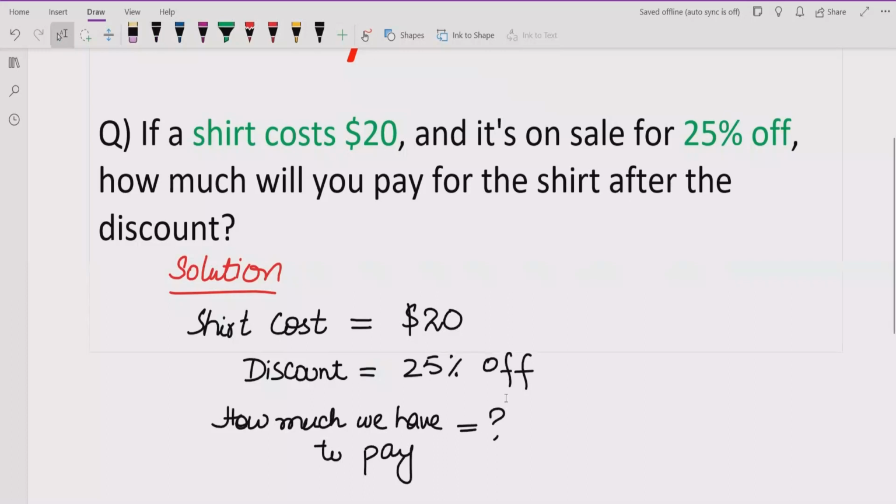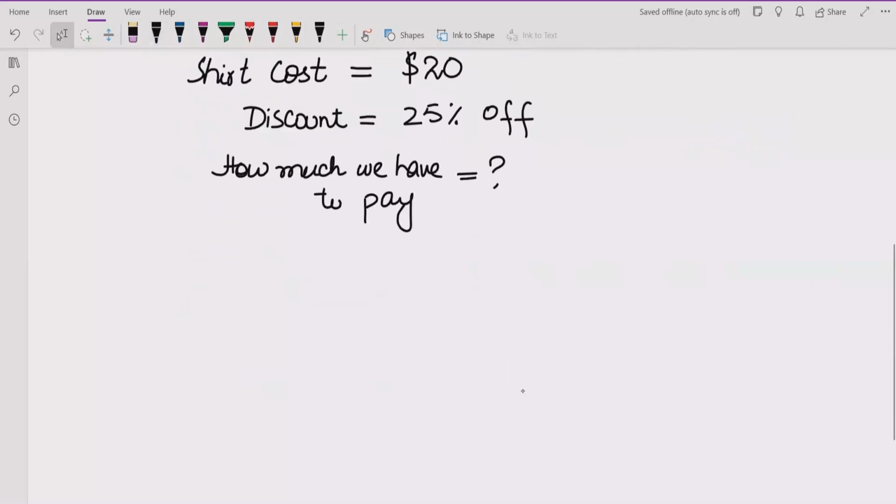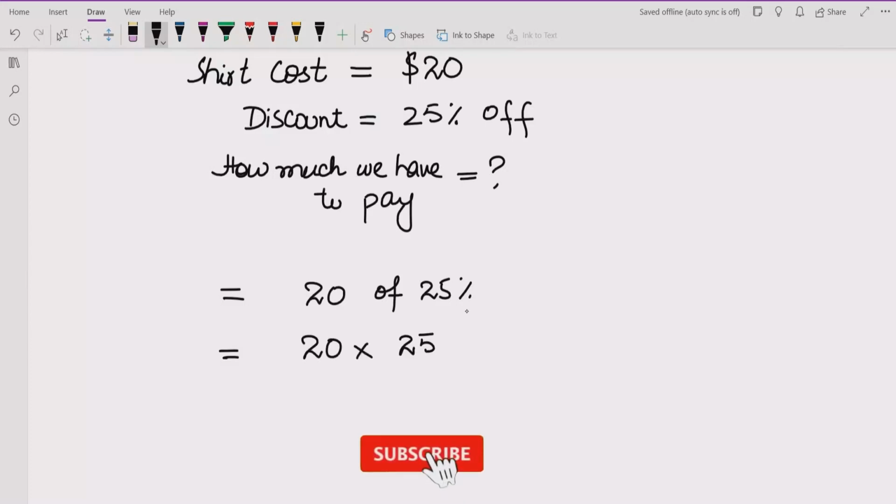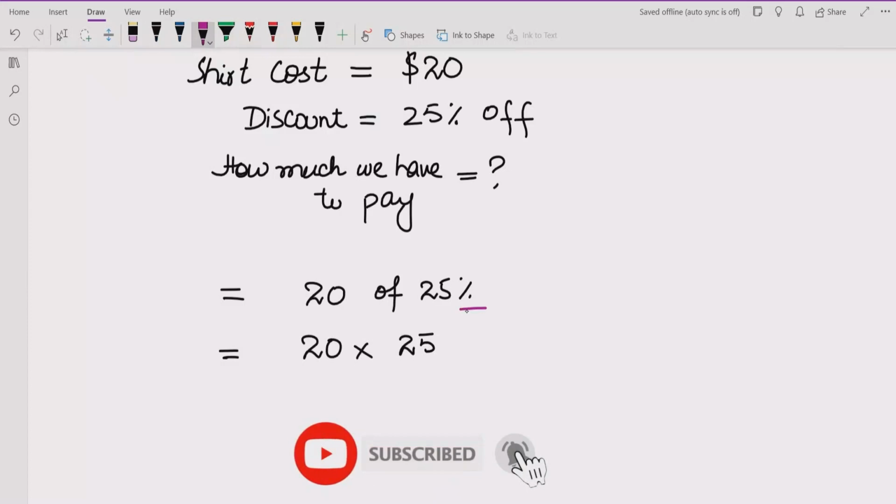Now, first we have to find what is 25% of $20. So here we have 20 and off is 25%. So we will do 20 multiplied by 25, and because of the percent sign we will divide by 100.